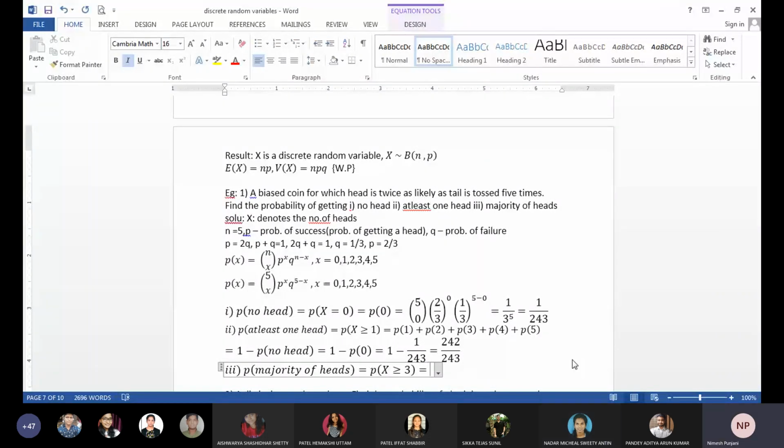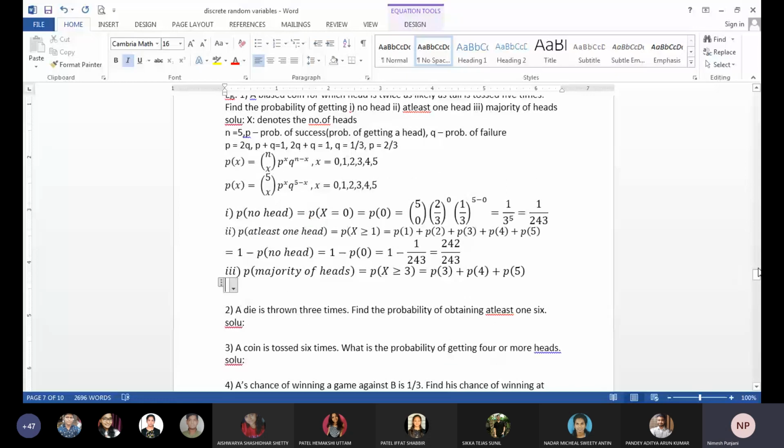Yes, sir. So this will be probability of 3 plus probability of 4 plus probability of 5. Here there is no point in taking the complement, because if we take the complement, it will be 1 minus probability of x less than 3.